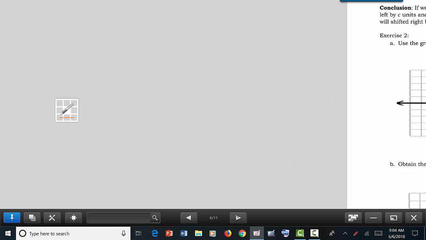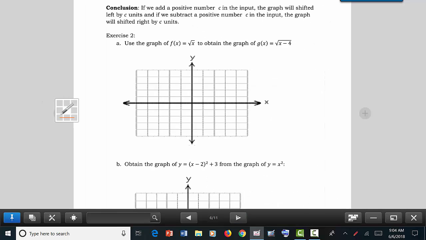Now let's go over exercise number 2. First, we have to know the graph of the square root of x. Square root of 0 is 0. So this is the point we will hit. Square root of 1 is 1. That's why this is the point we will hit. I don't want to try square root of 2 because it is not a good number.